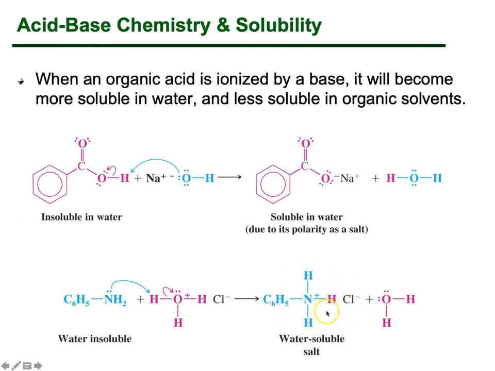And so this is actually something you'll often see in pharmaceuticals, is some sort of amine hydrochloride as a means to make the compound soluble in water so that your body can take it up in the digestive tract.